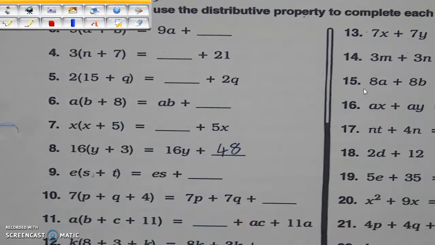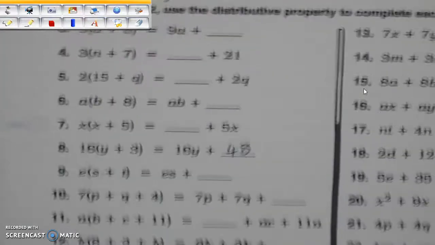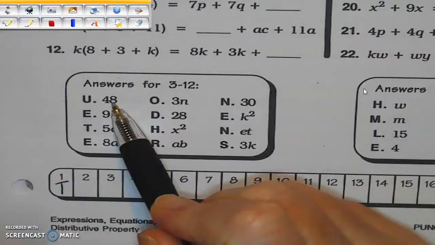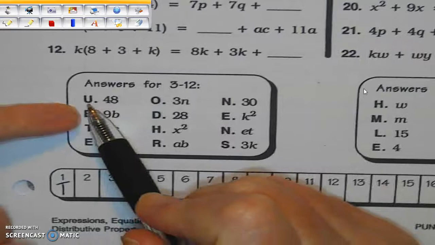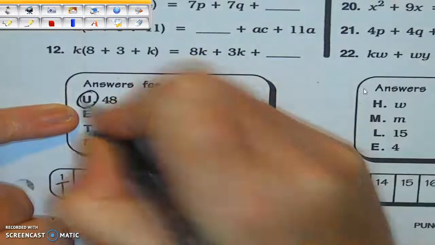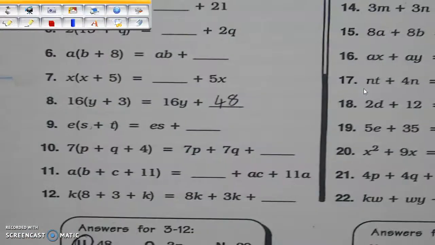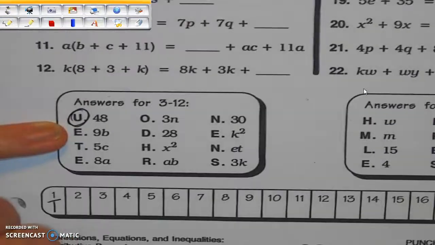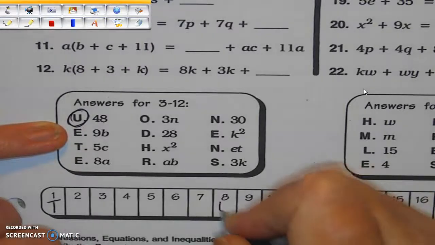And we look in this box for 48. The letter is U. So U goes into the box on the grid for the letter 8. So you find the letter 8 on the grid and you put a U in there.